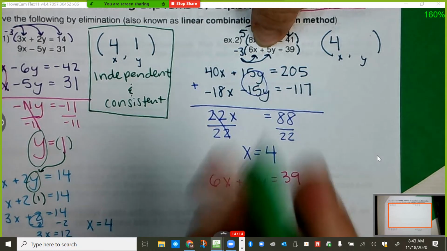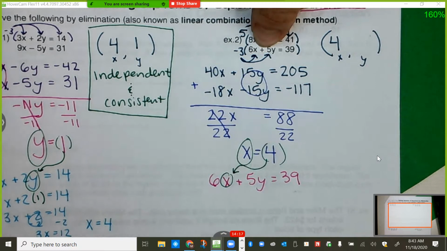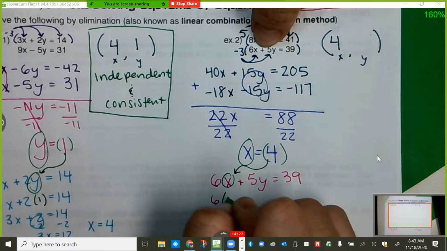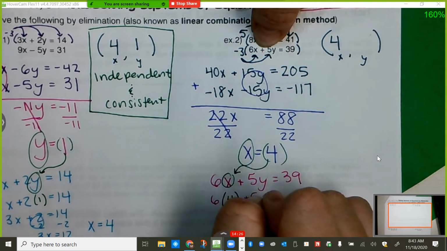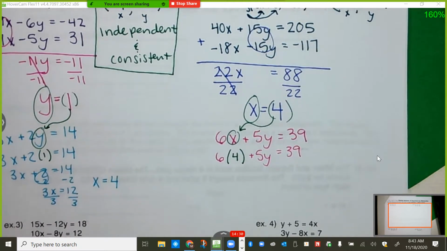So because I know x is 4, I'm going to replace x with 4. So I get 6 times 4 plus 5y equals 39. What's 6 times 4?